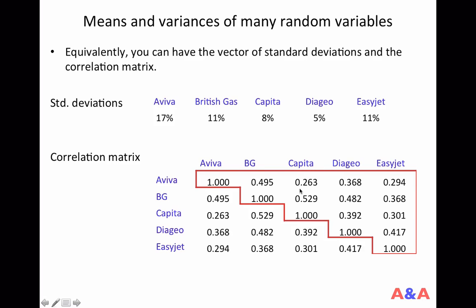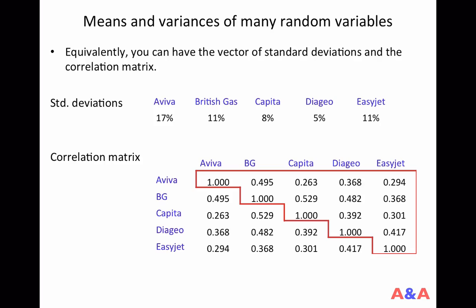For example, 0.263 is the correlation coefficient between Aviva and Capita. 0.529 is the correlation coefficient between British Gas's stock return and Capita's stock return. So you can see that the correlation between British Gas and Capita is much higher than the correlation between Aviva and Capita.